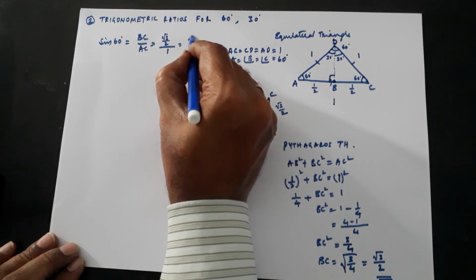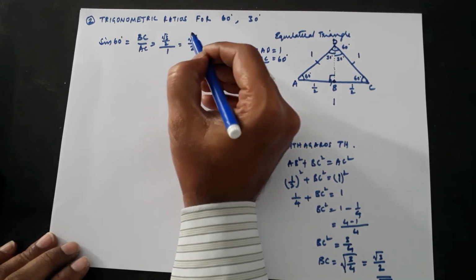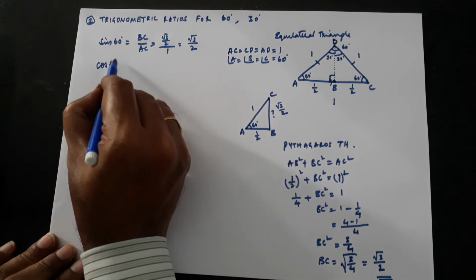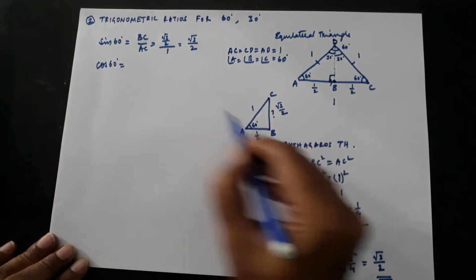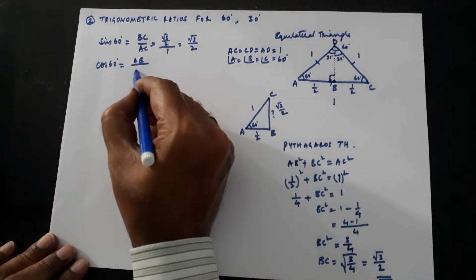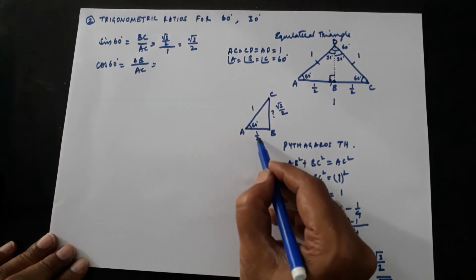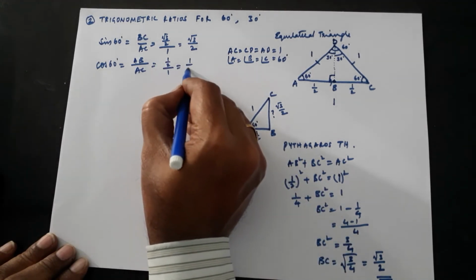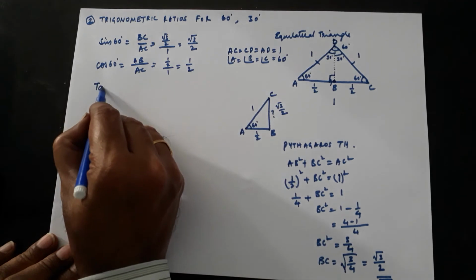This will become root 3 by 2. Okay. So cos 60. Cos 60 is adjacent. Adjacent side is AB. Hypotenuse side is AC. So half divided by 1, which is half.